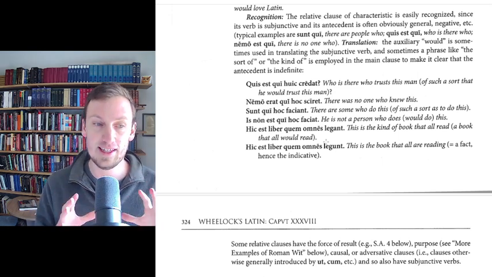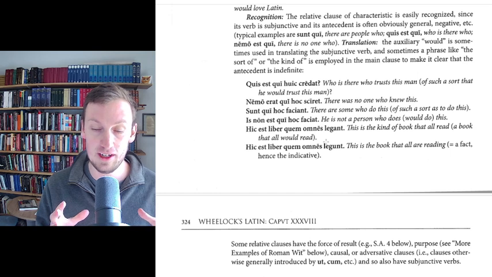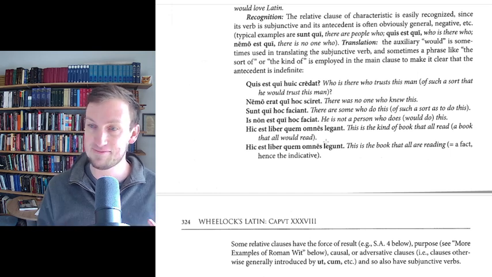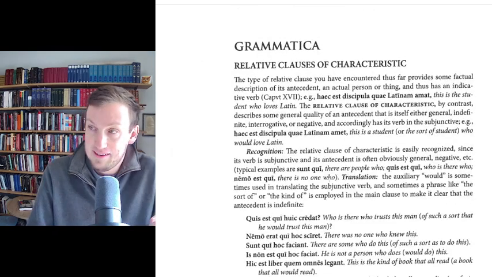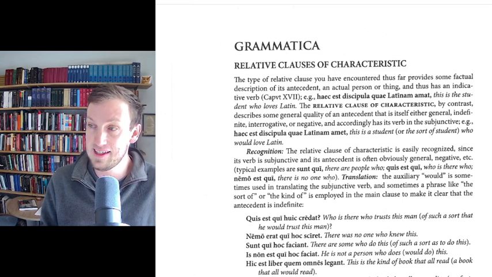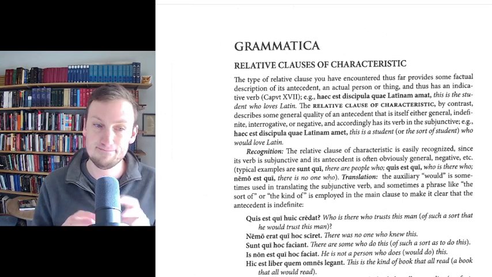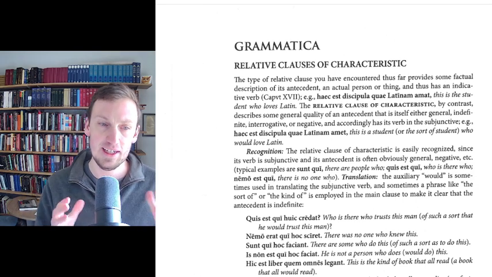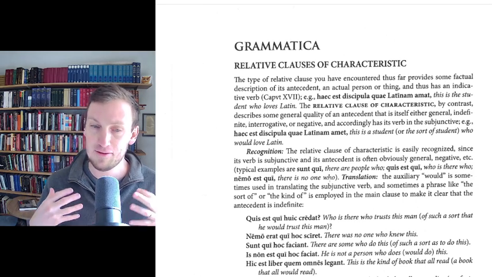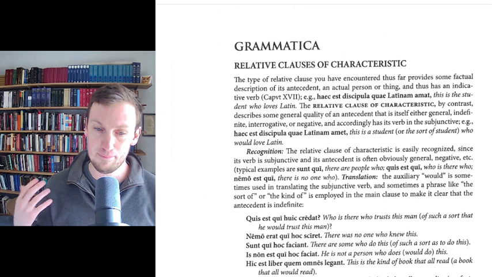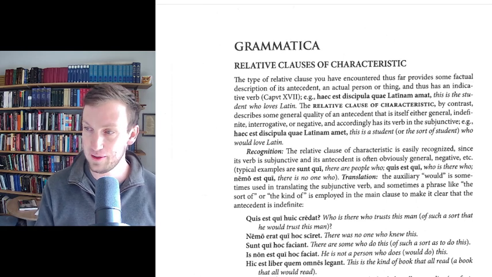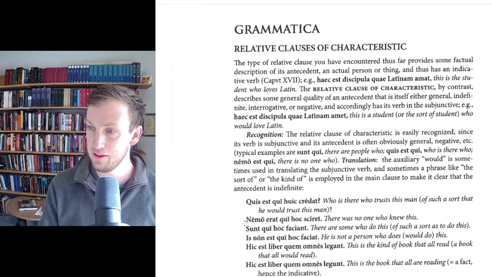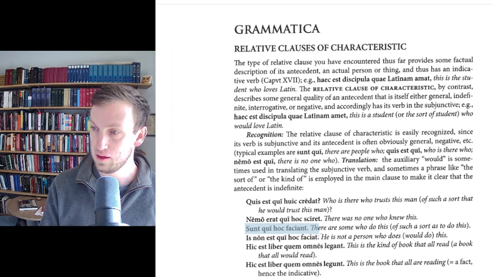The point is that the relative clause now gives you information that is, I don't know how to say it. It's characteristic. There's technical terminology for this. It's sort of gnomic or something. It's sort of typical. So read through these examples, but I think that's the clearest one. There are some who do this.